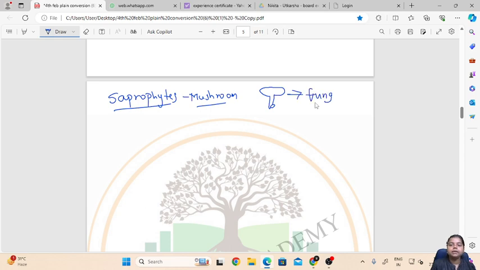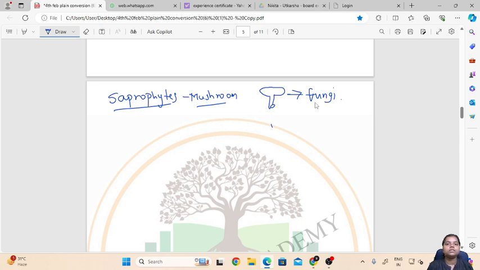Have you ever seen a piece of bread left at home that you forgot to eat or throw out? Something appears on it after 2 to 3 days. If not, you can try this at home.